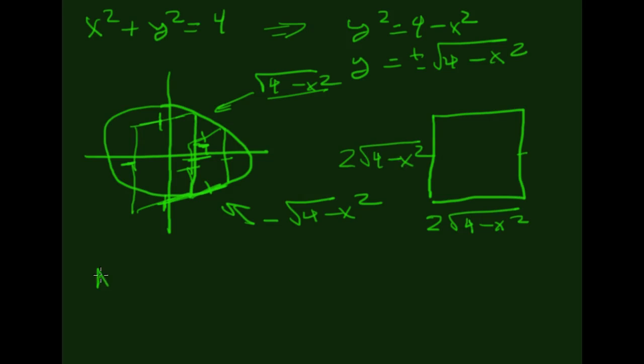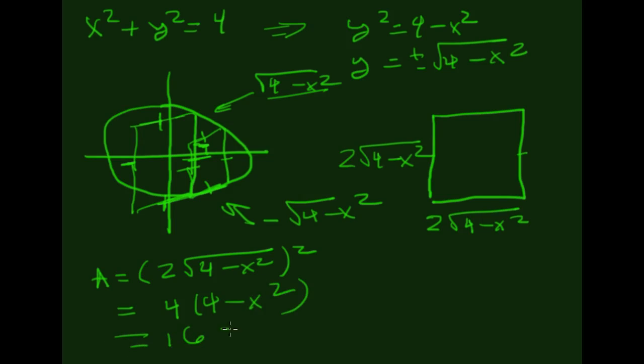So the area of the square should be 2 times the square root of 4 minus x squared, squared, which means, what do I get? 4 times 4 minus x squared, which is 16 minus 4x squared. So the area of the square is 16 minus 4x squared, depending on which x value I'm at.